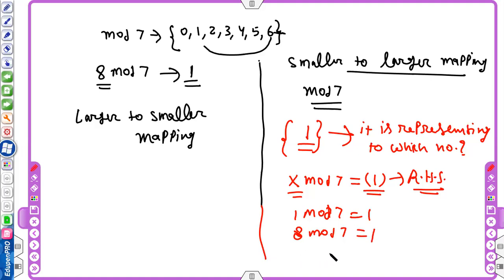So there are an infinite number of possibilities. It means smaller to larger mapping is very difficult, even an impossible case. It can only be known if you know which number you used before applying mod 7 during encryption or some process and got your answer. So only you know this.